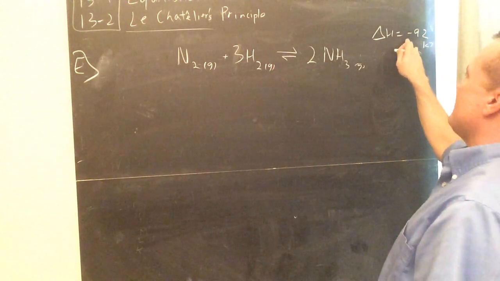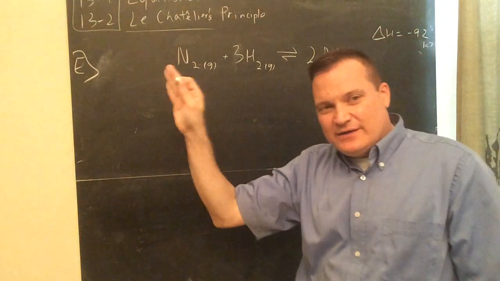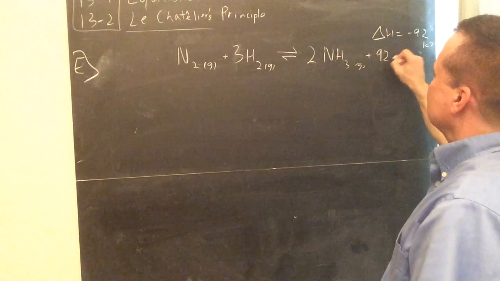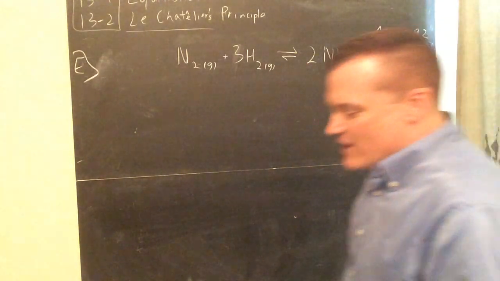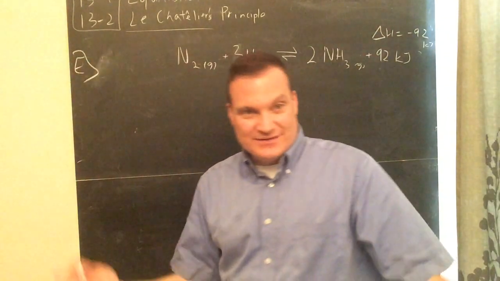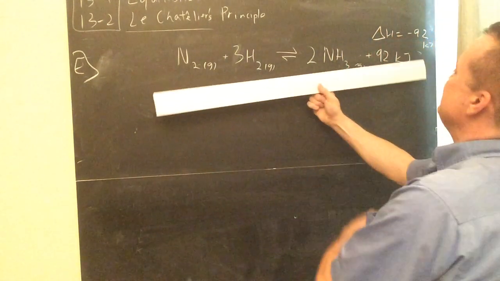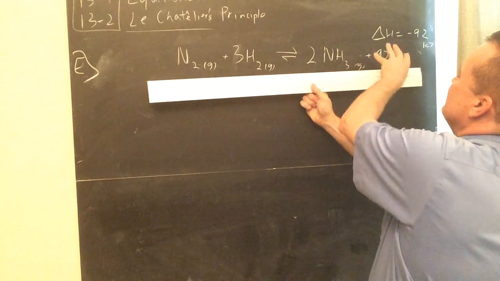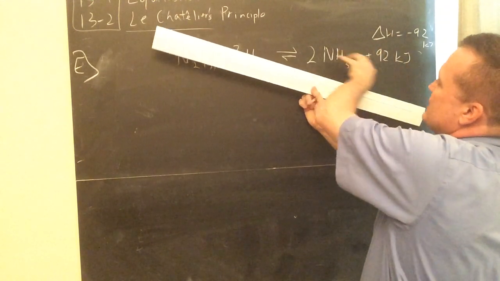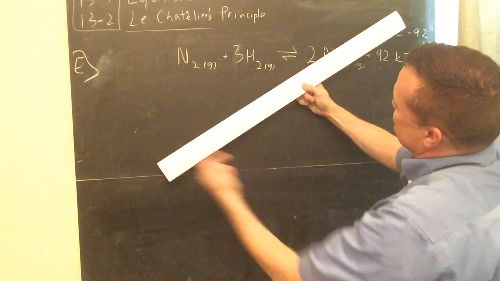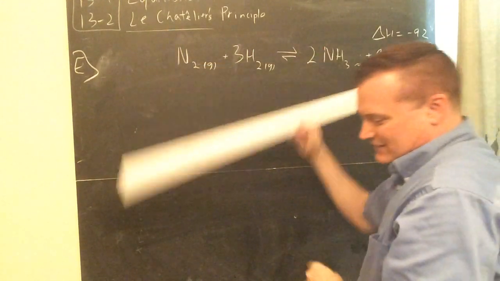Does that mean heat goes in or heat comes out? The 92 kilojoules is on the right. So if you've been following my seesaw example, then it's very easy to answer that question. Think of heat this way: if I add more heat, now this side's heavy, so it's going to shift to the left to get into equilibrium. If I take away heat, then it's going to have to shift to the right to get back to equilibrium.